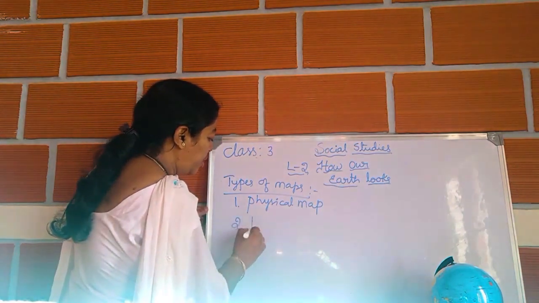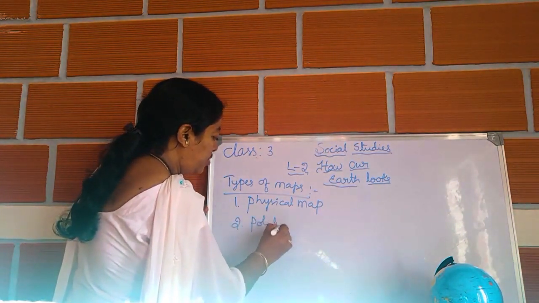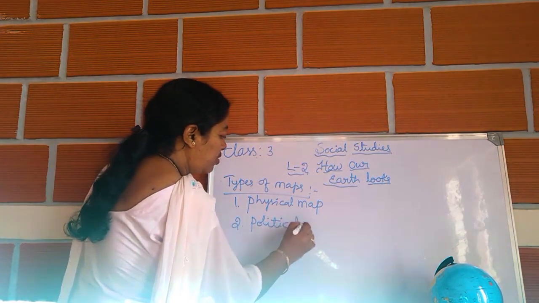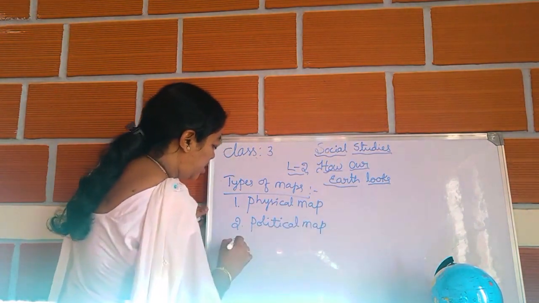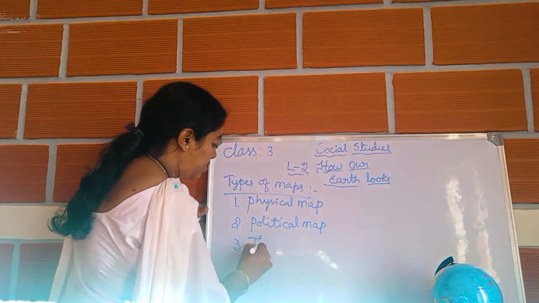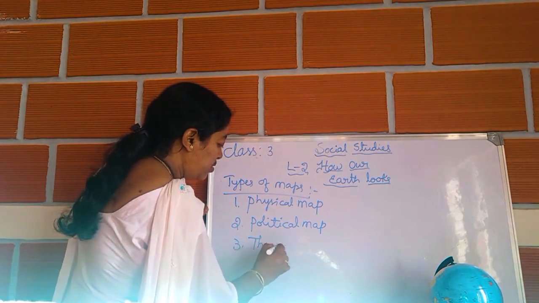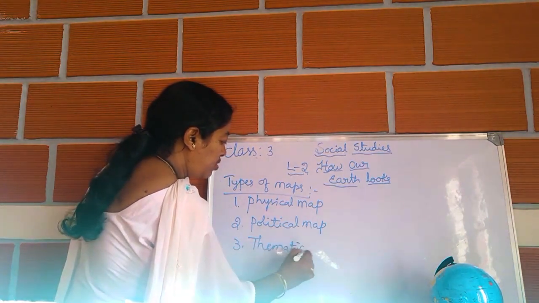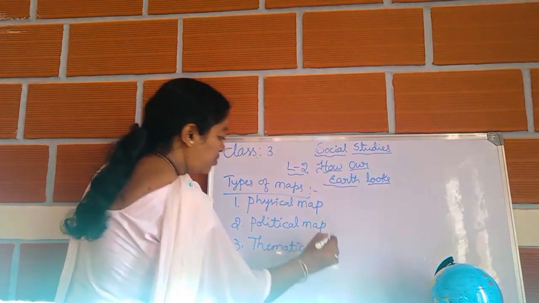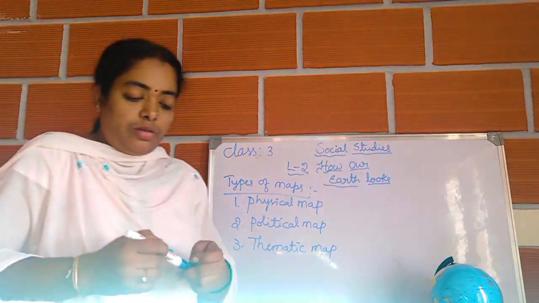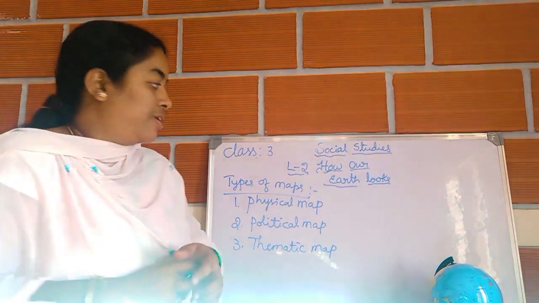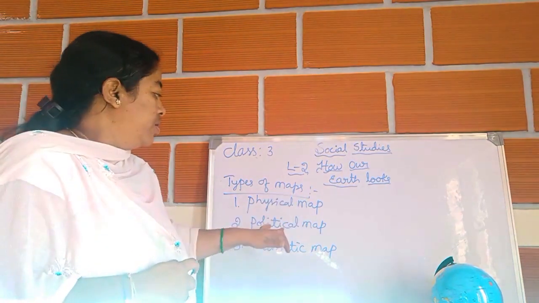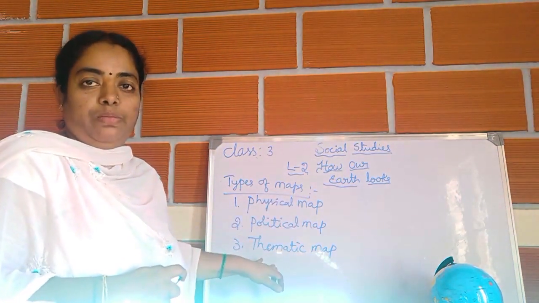The second one is political map. And the third one is thematic map. So we have three types of maps called physical map, political map, and thematic map.